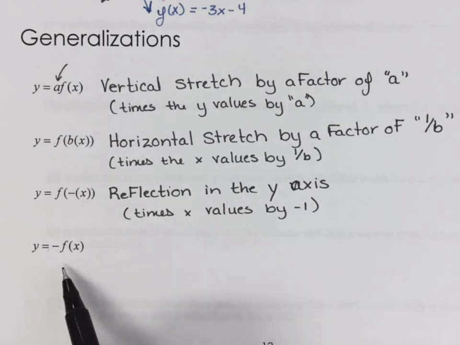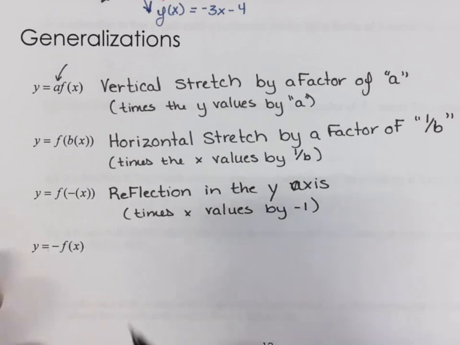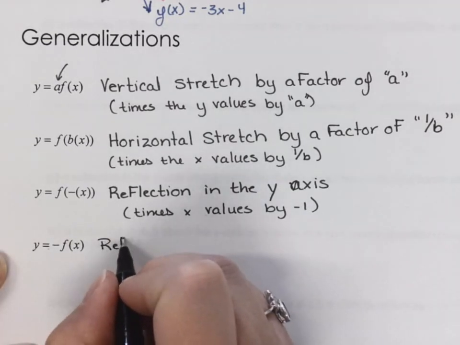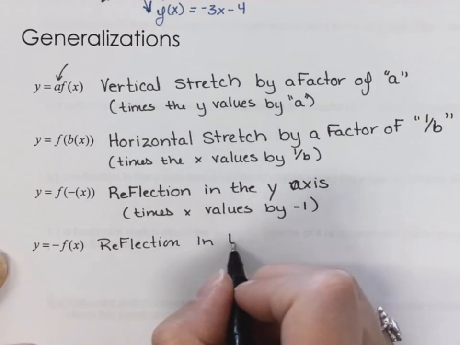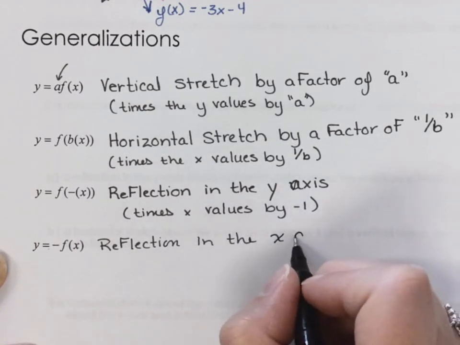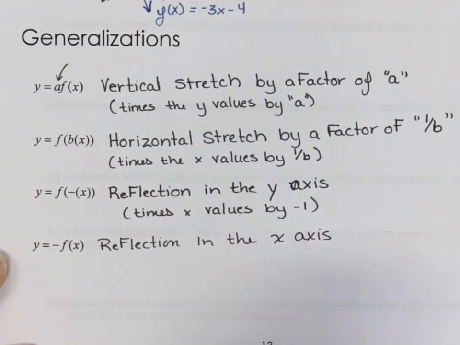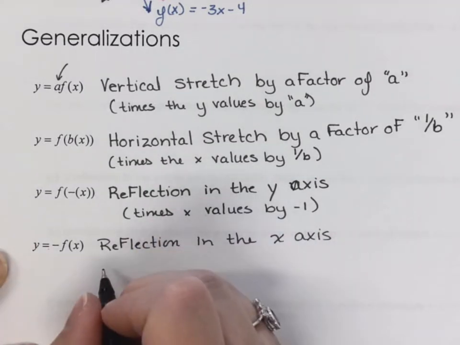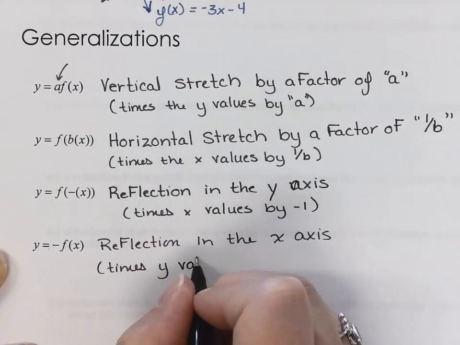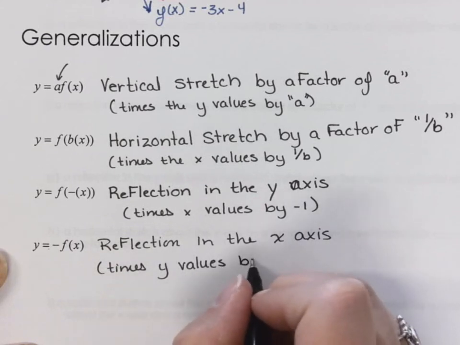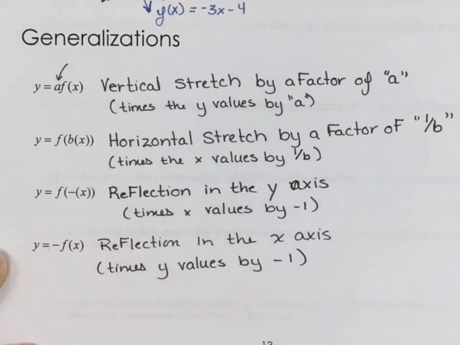And this one, if we're multiplying the y values by -1, we have a reflection in the x-axis this time, so it's opposite to what you're multiplying by. So times y values by -1.